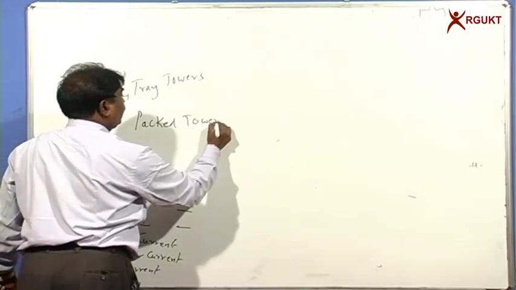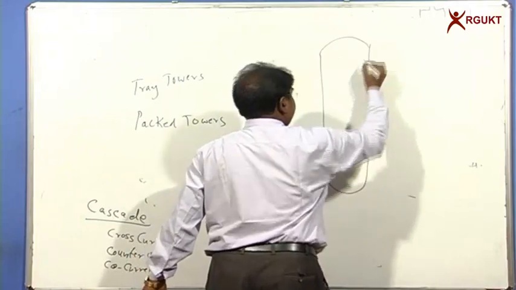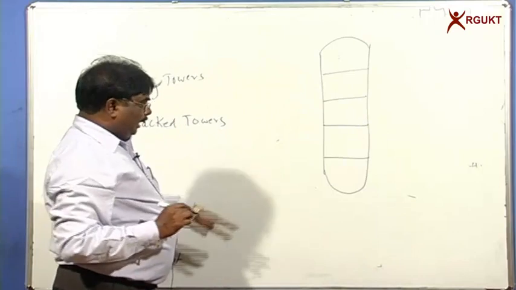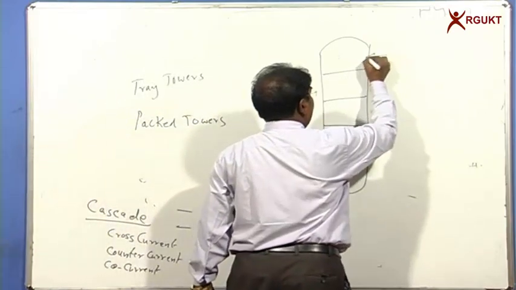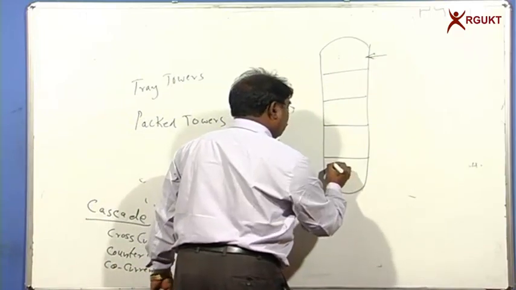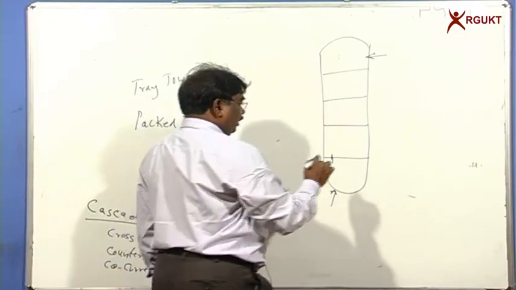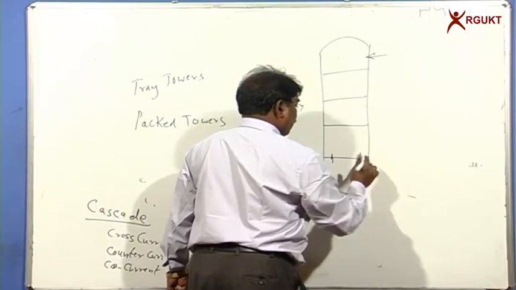In the case of tray towers, we have a vertical column, and this vertical column contains different plates, and each plate we call a tray. The liquid is coming from the top of the column and the gas is coming from the bottom of the column, and the gas goes into the pore holes of this tray, and the liquid is flowing down like this.